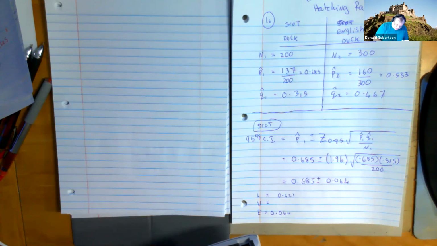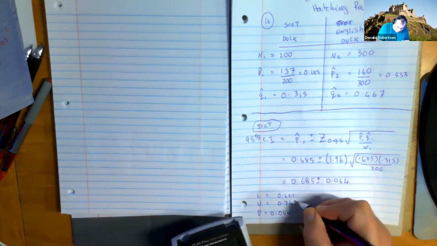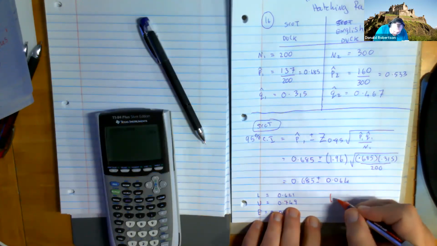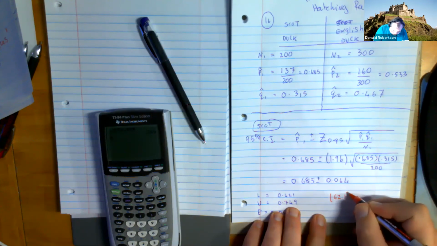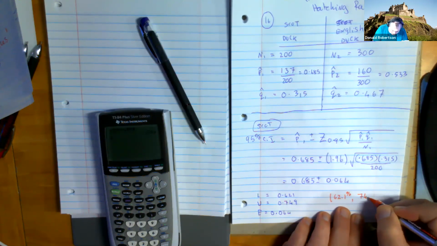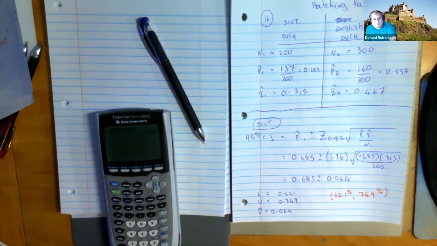And if you add those guys together, you get 0.749. And for me, that means that for Scottish ducks, somewhere between 62 and 75% of all their eggs will hatch into baby ducklings.